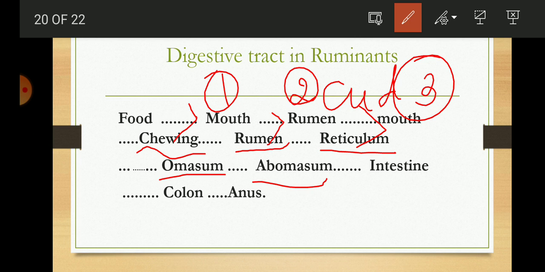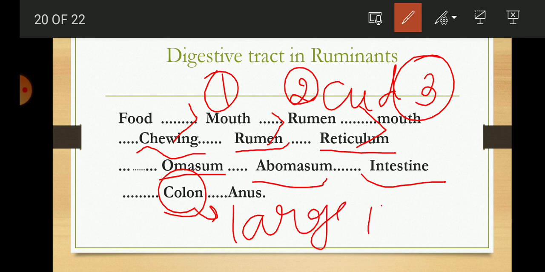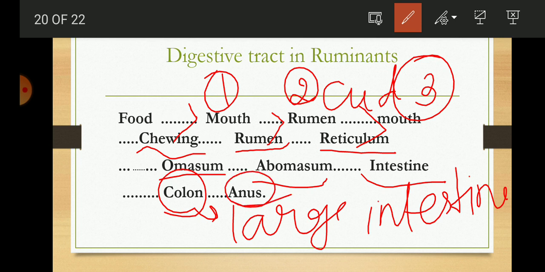Thereafter there is the intestine, which is known as the small intestine, and from there the food goes into the colon region. Colon is also known as the large intestine. And at the last the food comes out through the anus. So this is the digestive tract. Try to complete it by your own also.